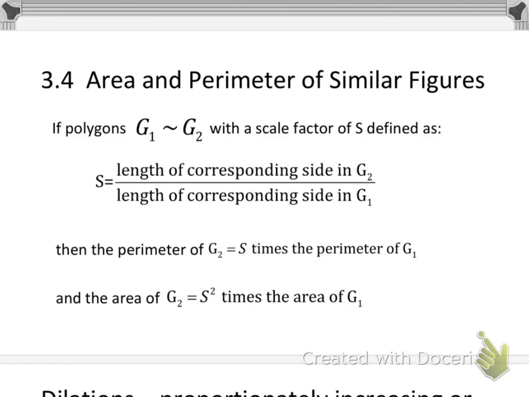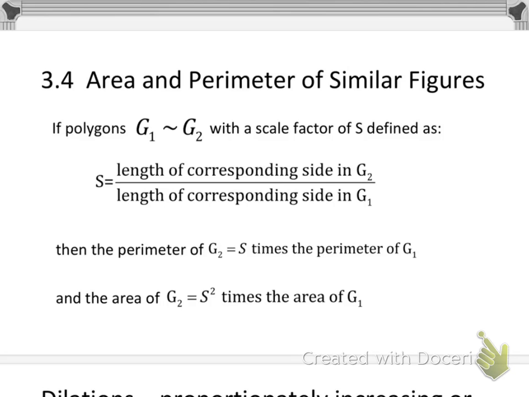This is a continuation of the similarity discussion that they pick up again in 3-4. So I'm just going to talk through this because it's pretty self-explanatory. The area and the perimeter of similar figures can be obtained if you know the scale factor. So if you have two polygons, they can be any shape, a triangle, a quadrilateral, a hexagon, an octagon, it doesn't matter.